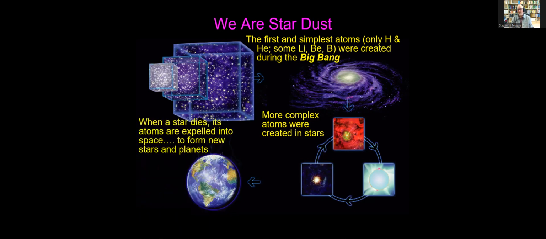Well, when a star dies, its atoms are expelled into space. And these are the dusty masses of clouds that are within the spiral arms of a galaxy. They appear dark because they attenuate light going through them.